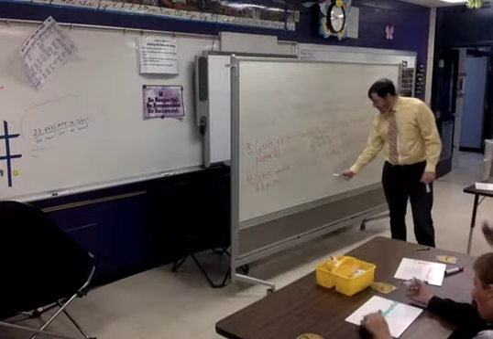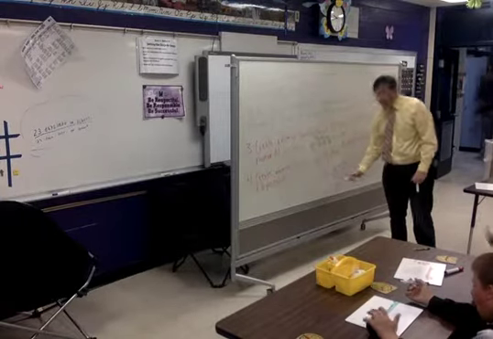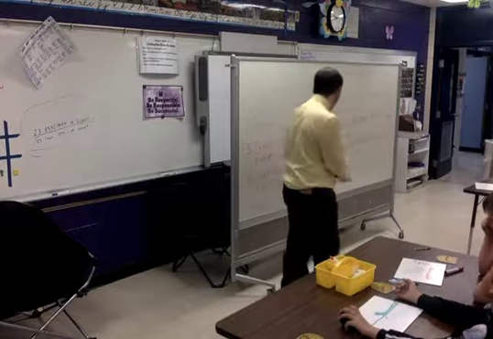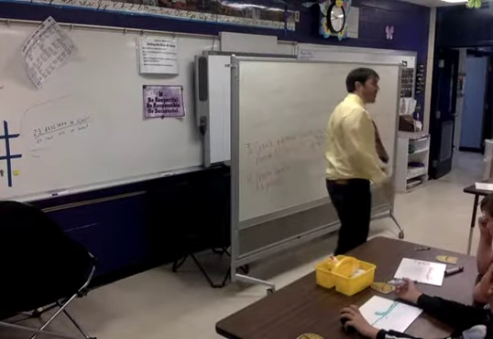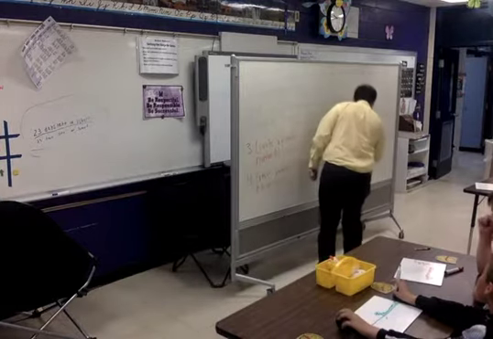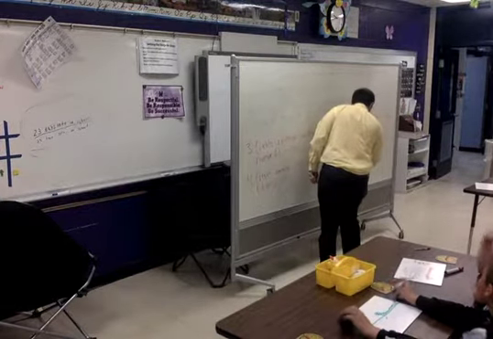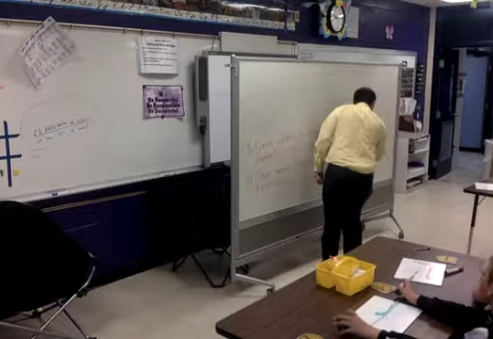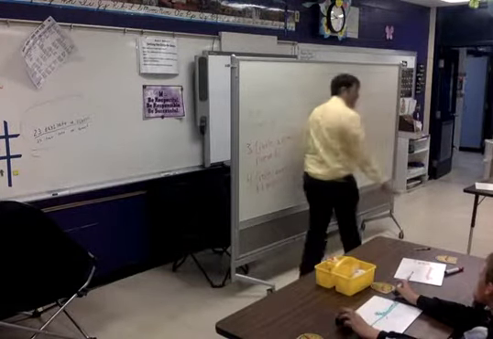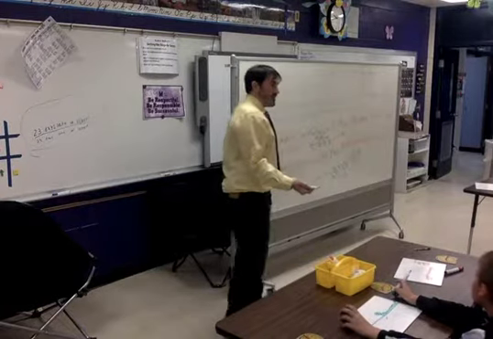Okay, so let me ask you guys something. Is subtracting any number from a number that ends in a 0 easier or more difficult than if I was going to subtract, say, 9 from 33? What do you think, guys? So is 30 minus 6 easier than 33 minus 9? What do you think? You did it this way, Patrick.